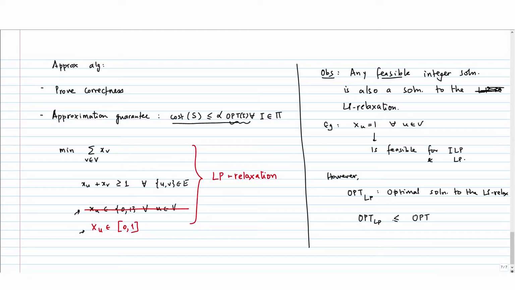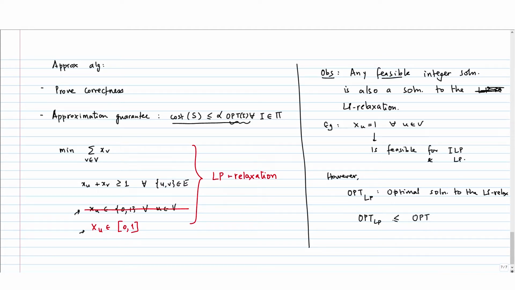So, this is the key thing, every solution to the integer program is also feasible for the linear program. Therefore, if you take the optimal solution for the integer program, that is also a solution to the relaxation, but need not be the optimal solution for that relaxation. The optimal solution for the linear program could be strictly smaller.